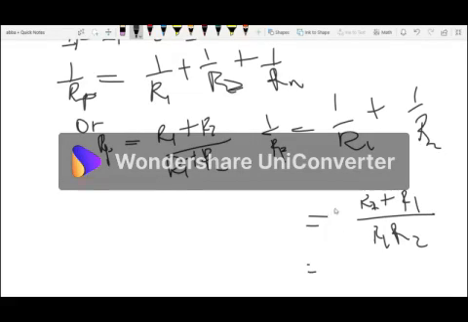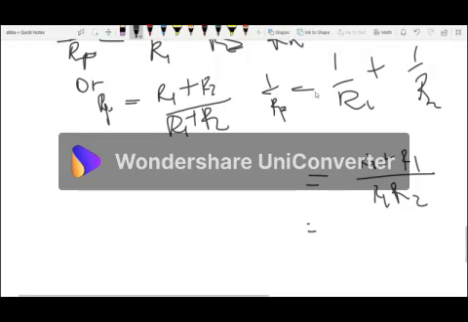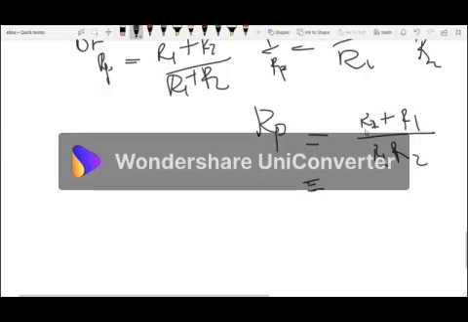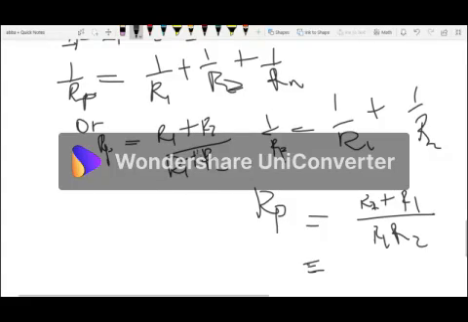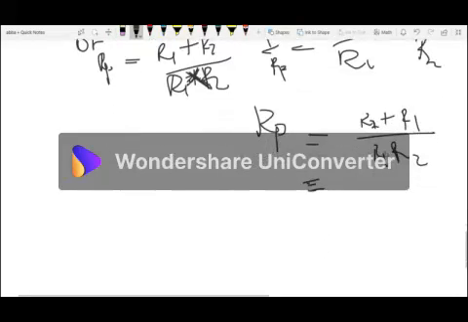Now working this, because we've solved this, we no longer consider the denominators. So what we are left with here is R1 plus R2 over R1 multiplied by R2, so your Rp here is going to be R1 R2 over R1 plus R2, the inverse.